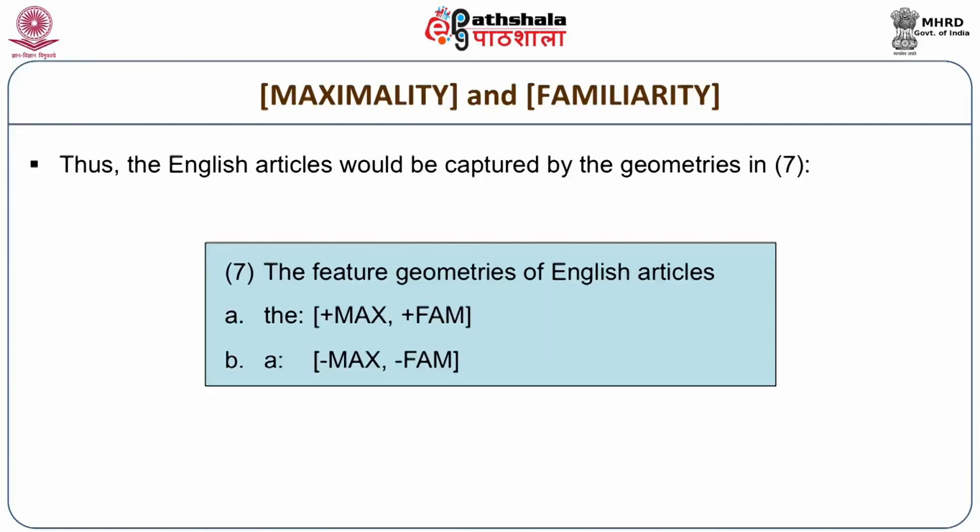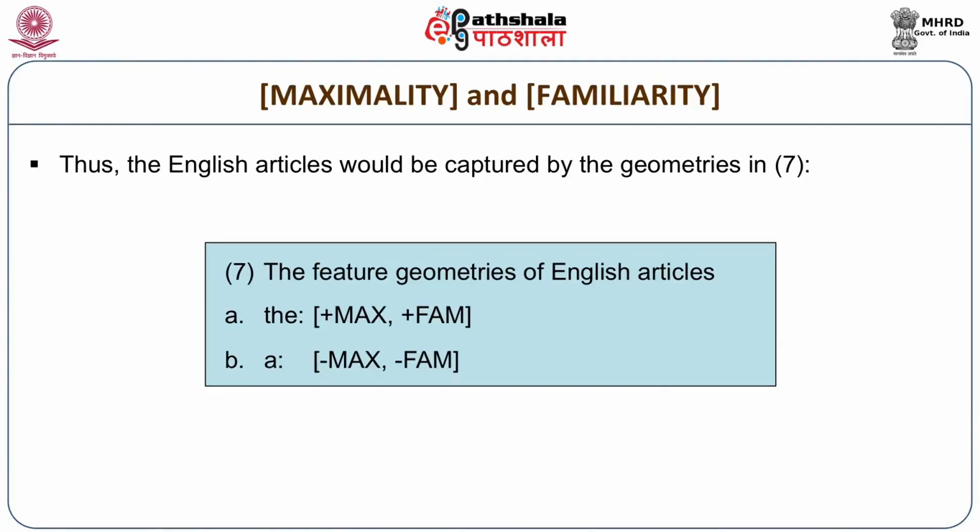There is considerable discussion in the literature as to whether maximality and familiarity are independent or related properties. We shall not be concerning ourselves here with that debate, and just to describe them, we can treat them as two distinct and binarily stated semantic features, plus or minus maximal and plus or minus familiar.